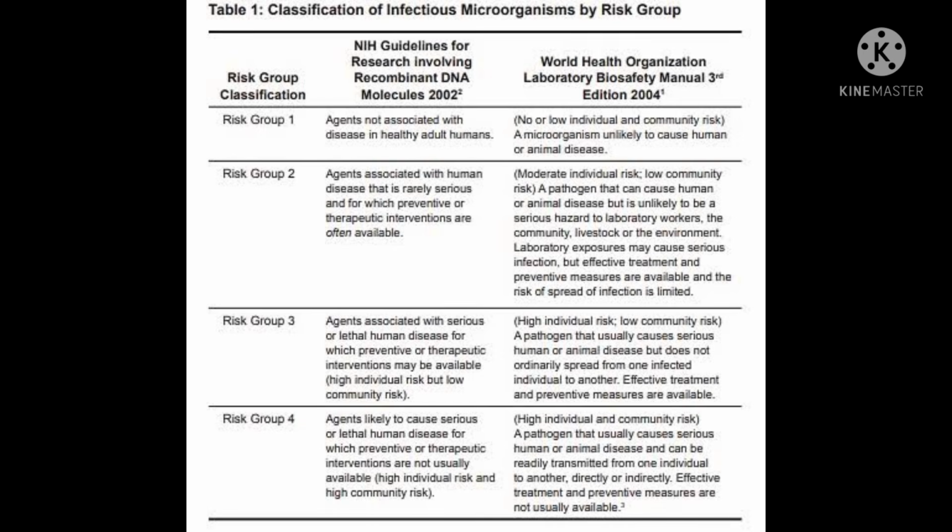For those who want to read more regarding the classification of infectious microorganism by risk group, this one shows a very good comparison between the NIH guidelines and the World Health Organization Laboratory Biosafety Manual.